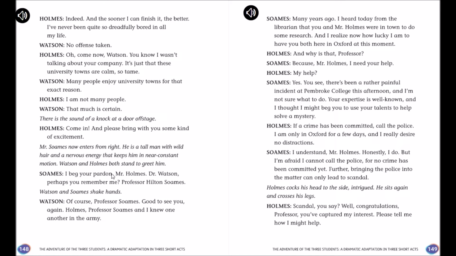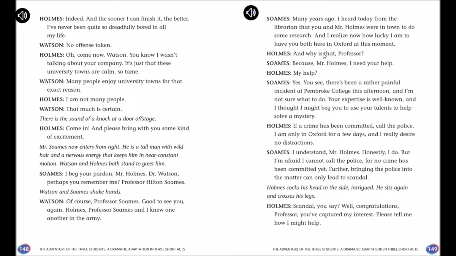Soames. I beg your pardon, Mr. Holmes. Dr. Watson, perhaps you remember me? Professor Hilton Soames? Watson and Soames shake hands. Watson. Of course, Professor Soames. Good to see you again. Holmes, Professor Soames and I knew one another in the army. Soames. Many years ago. I heard today from the librarian that you and Mr. Holmes were in town to do some research, and I realize now how lucky I am to have you both here in Oxford at this moment.